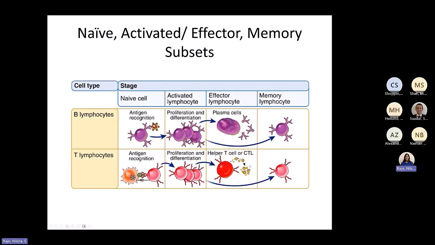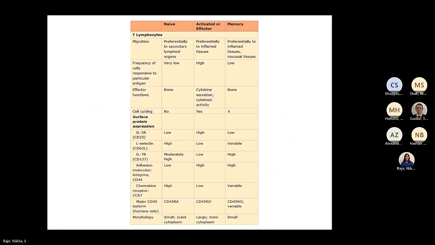Once they become effector cells, they can perform their function of defending against the infection, and then some cells that are left over are the memory lymphocytes that will survive longer. So here, this is just showing the difference in these stages of lymphocytes.